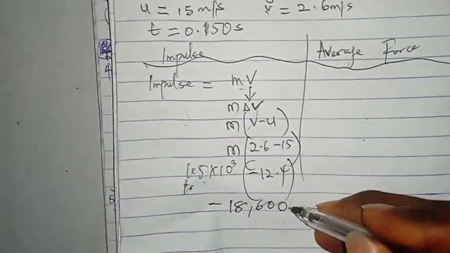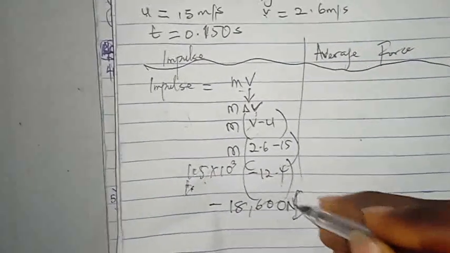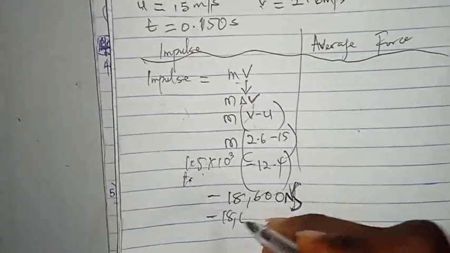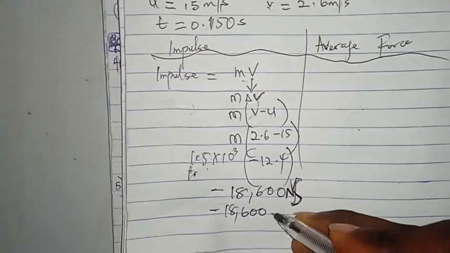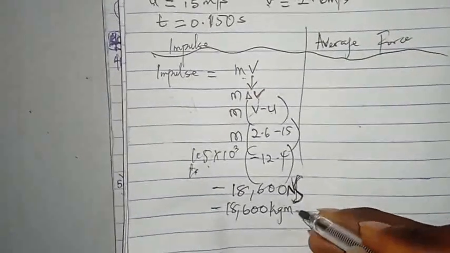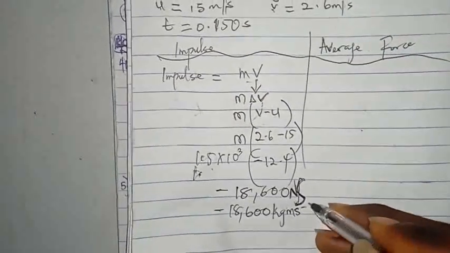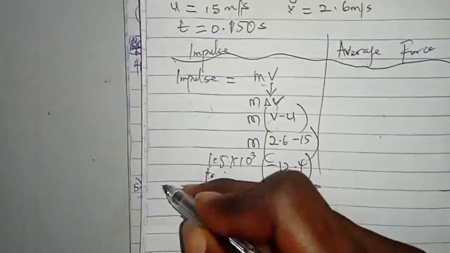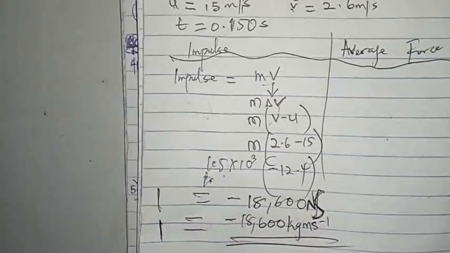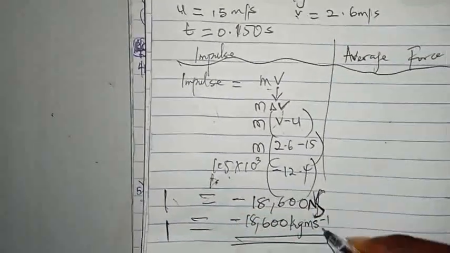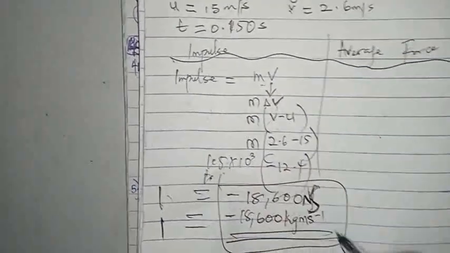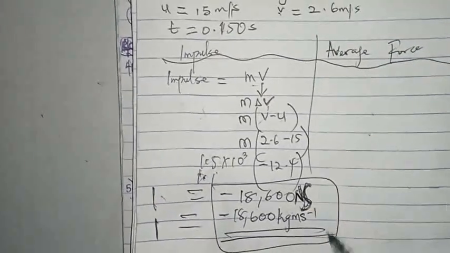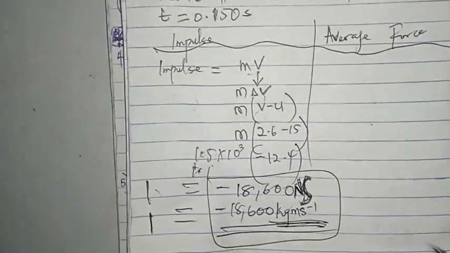And its impulse unit is Newton seconds, or you say minus 18,600 kilogram meter per second. So this is the impulse. It's the same thing, I just used the units. This one represents force times time, but the major unit is this one.